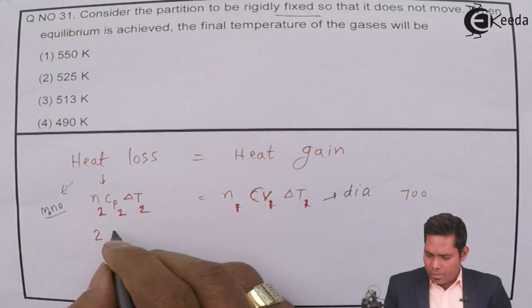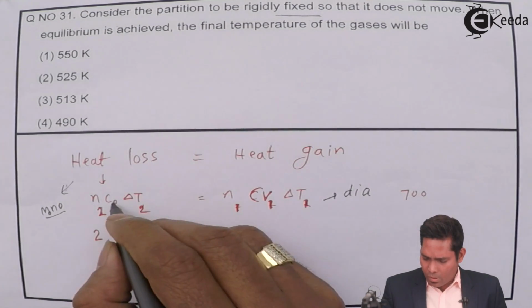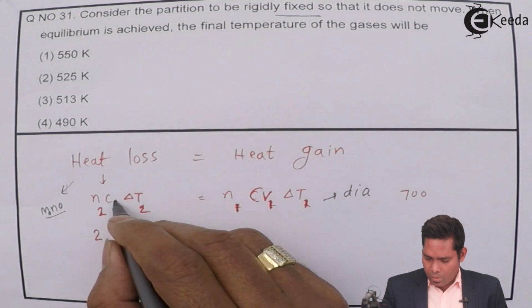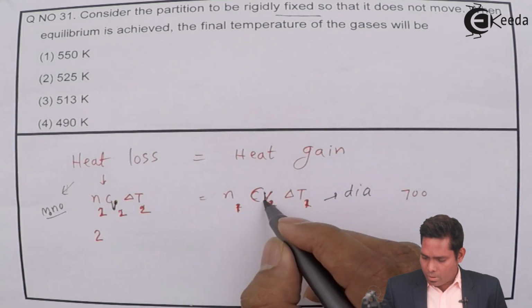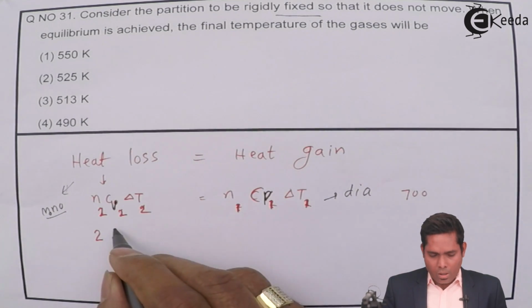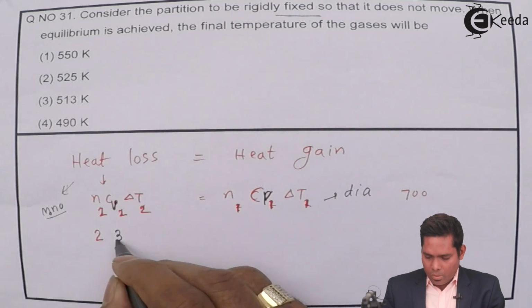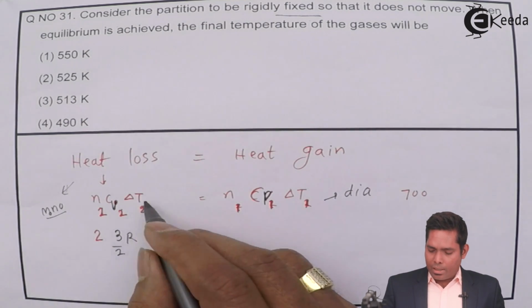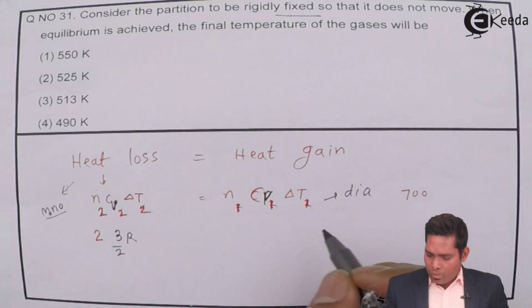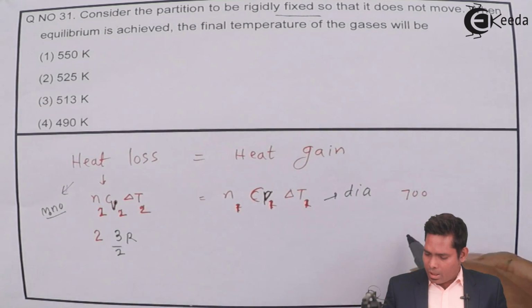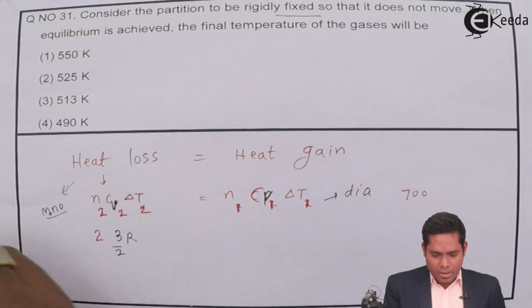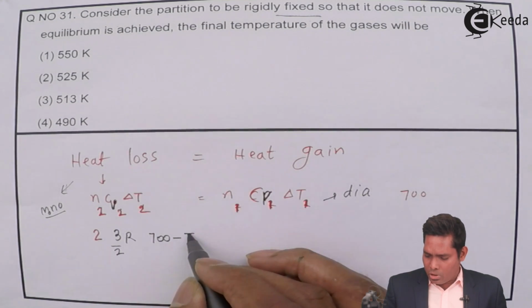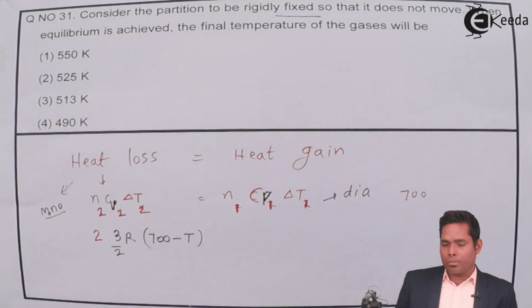For Cv it is 3 by 2 R, and delta T. Delta T is how much? Now this is losing heat, so its temperature was initially 700, and suppose that the final temperature is T, so this will be the loss of temperature.